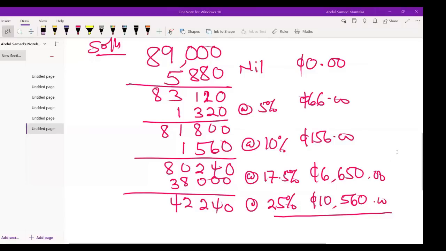So we are going to have 10,560 plus, now that we have all calculated it, take your calculators and add it, because the answer we will get here will be the correct answer. So we have 10,560 plus 6,650 plus 156 plus 66.